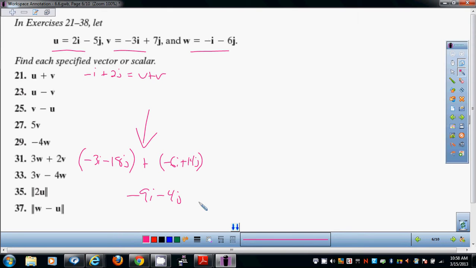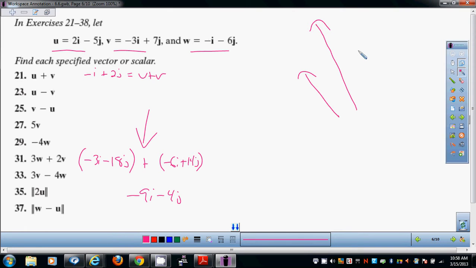But 2v would be like this. Direction wouldn't change. Well, it shouldn't change. I didn't draw it right. But you just doubled its length. So a number being multiplied by a vector is called a scalar. That's definitely a piece of vocab you want to remember, because on a test it may mention it, and all it means is the number you're multiplying by.